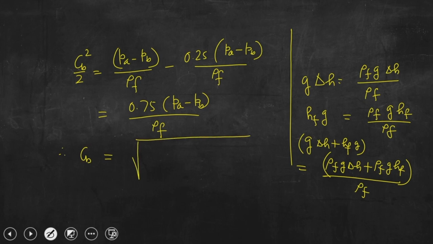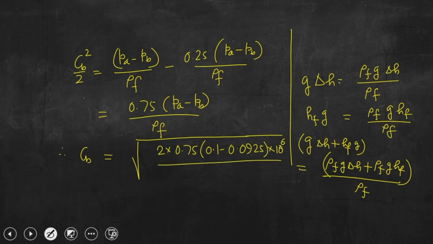So, it is 2 into 0.75 into 0.1 minus 0.0925 megapascal into 10 power 6, we are converting to Pascal, divided by 740 kg per meter cube. So, we will be getting 3.9 meter per second if we calculate it.